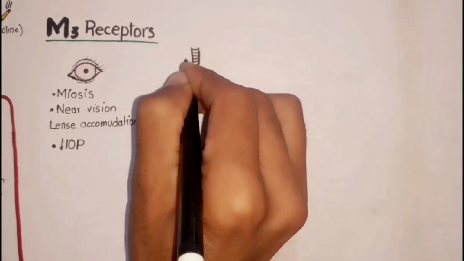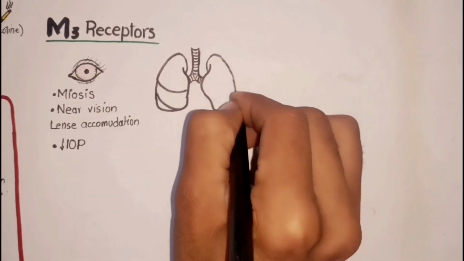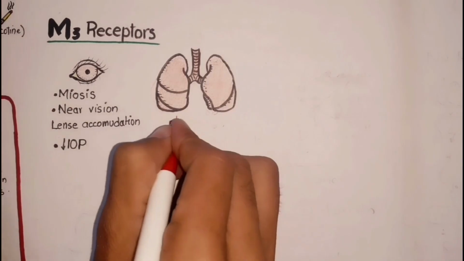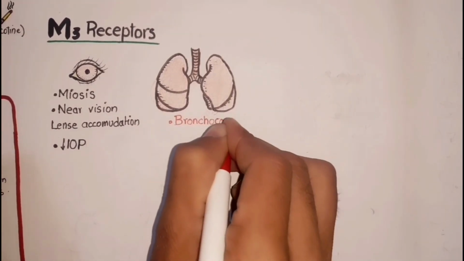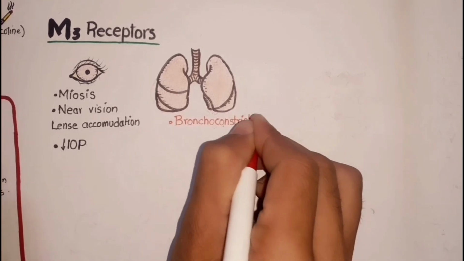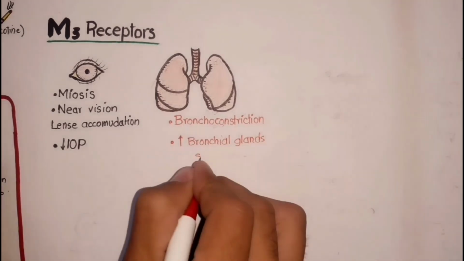Besides this, the M3 receptors are also found in the lungs, where the activation of these receptors causes the contraction of bronchial smooth muscles and stimulates the secretion of bronchial glands.